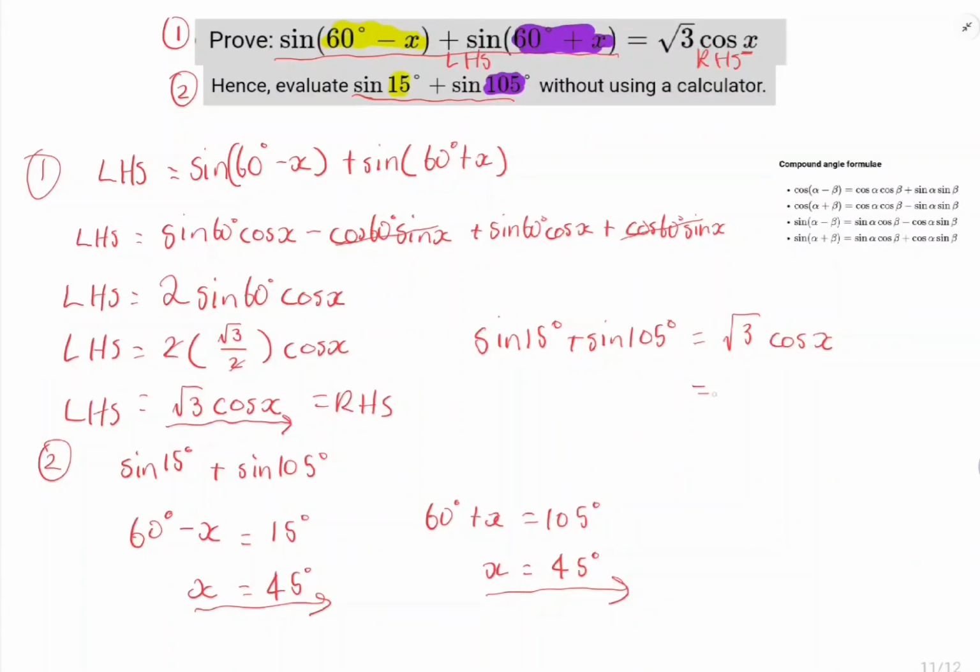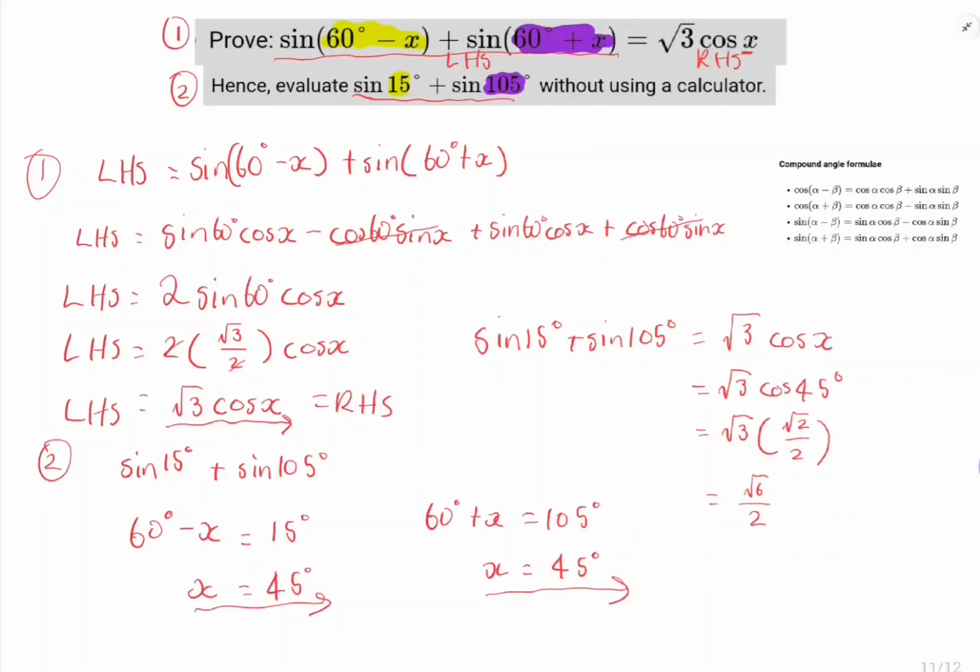And this x that we just solved is 45 degrees. So square root 3 cos 45 degrees. And we know that 45 degrees is a special angle. So what is cos 45 degrees? It's going to be square root 2 over 2, right? Which is going to be square root 6 over 2, as a matter of fact. So that is our final answer.